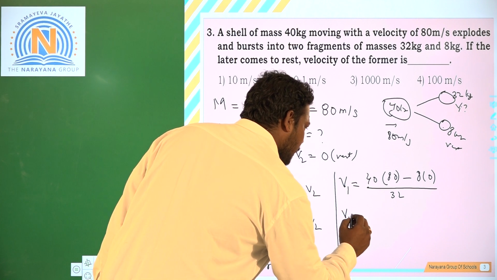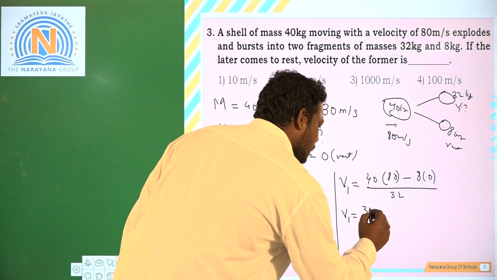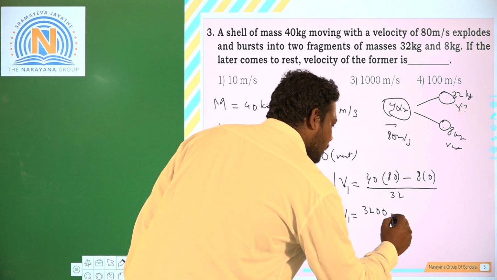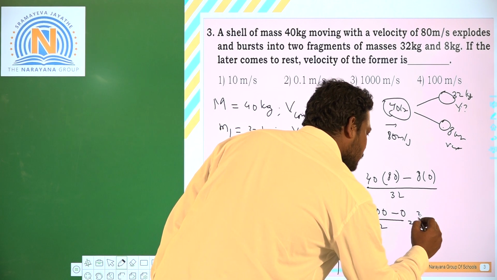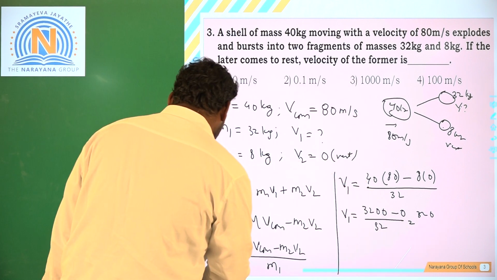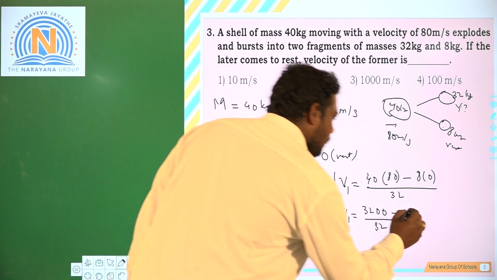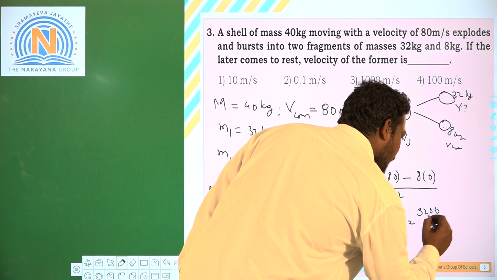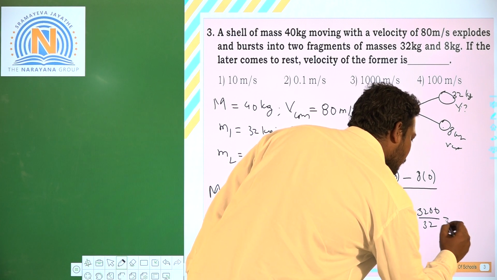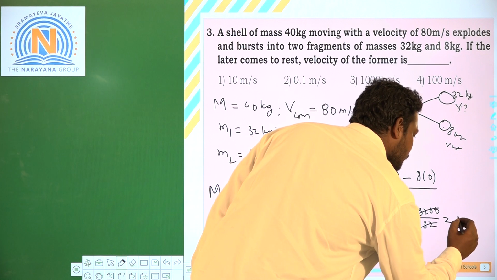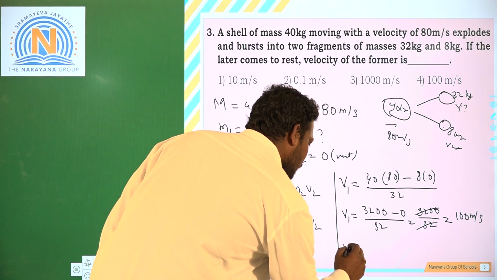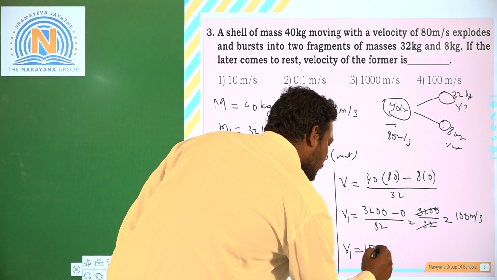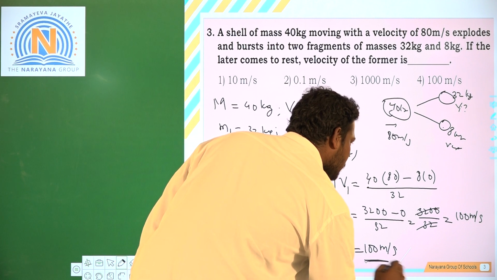So v1 is equal to 3200 minus 0 by 32, which is 3200 by 32, equal to 100 meter per second. So the velocity of v1 is 100 meter per second.